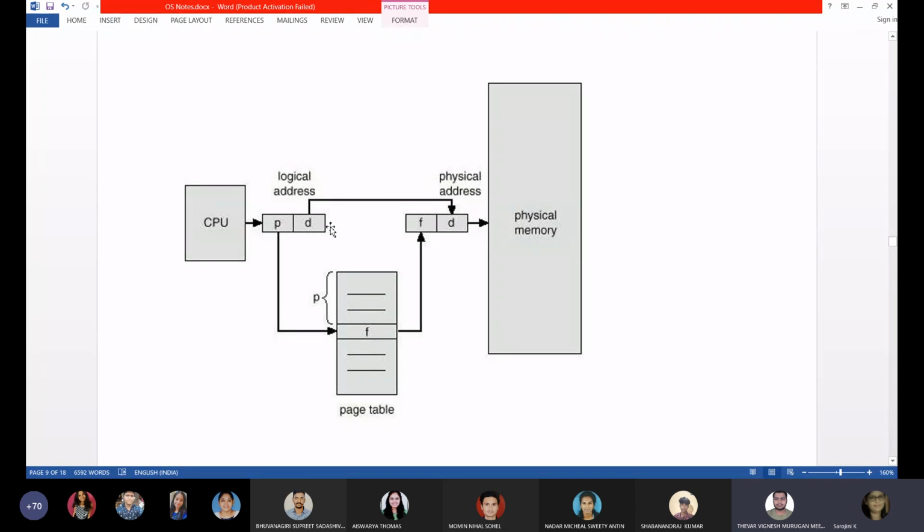For example, assume it is 28 here; here also it will be 28. But here the page number is 3, and here it could be any other number. Why am I asking why these two numbers will be the same? Students, simple, very simple question.